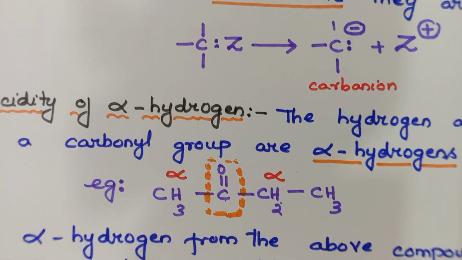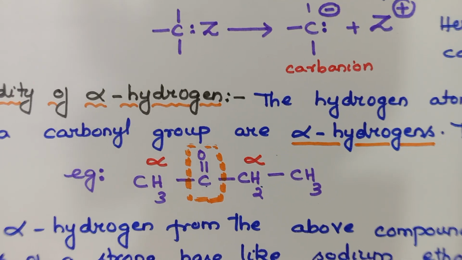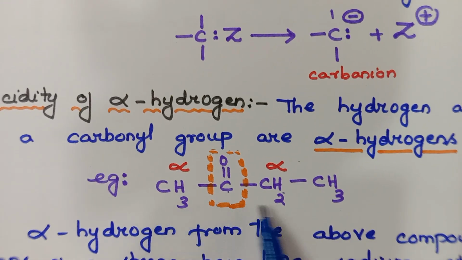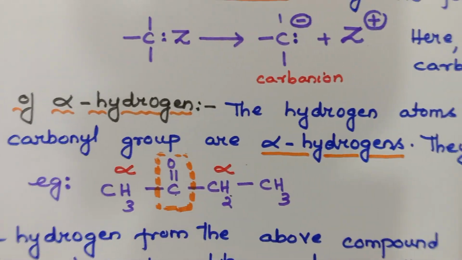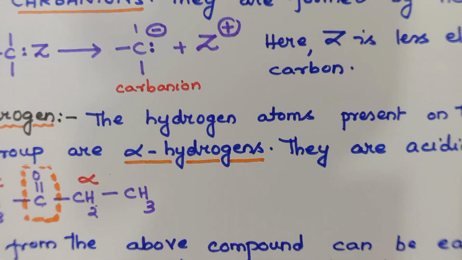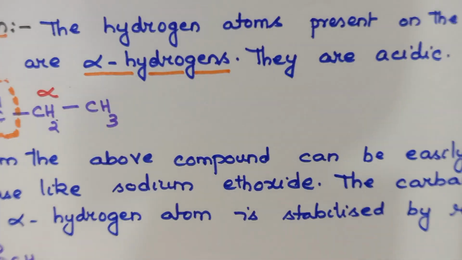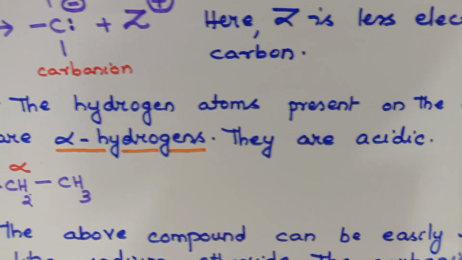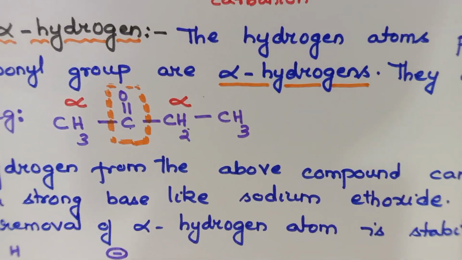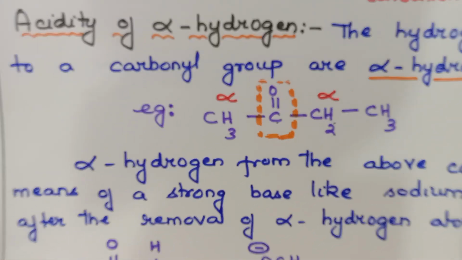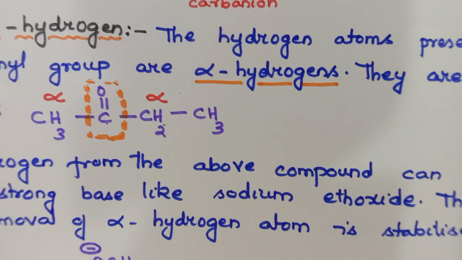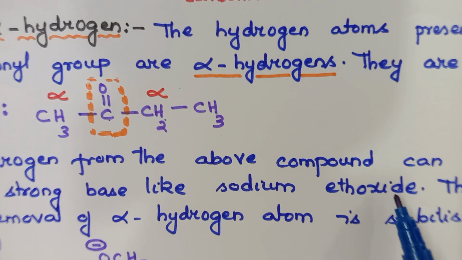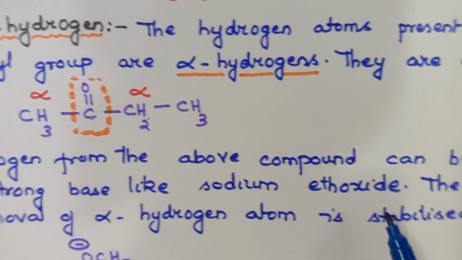Look here, the alpha hydrogen from the above compound can be easily removed by means of a strong base like sodium ethoxide, formula NaOC2H5, students.